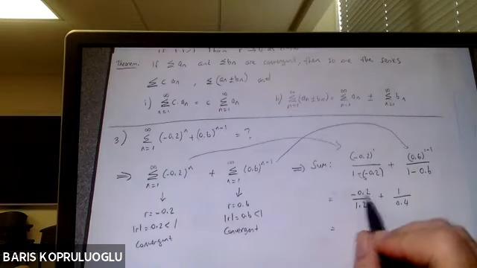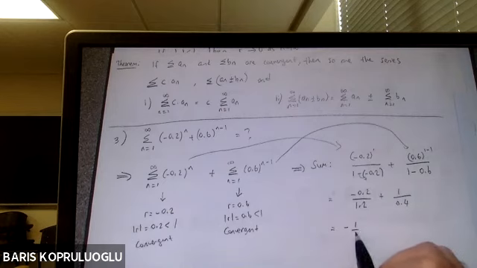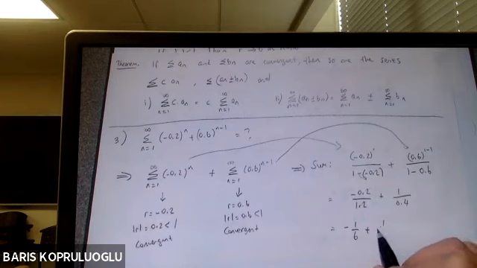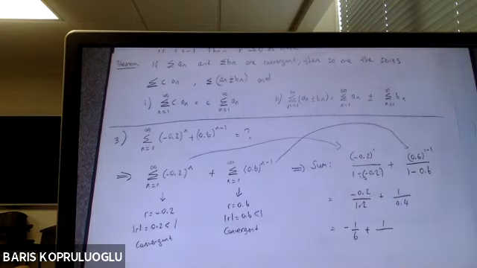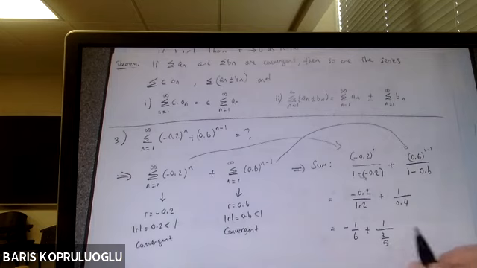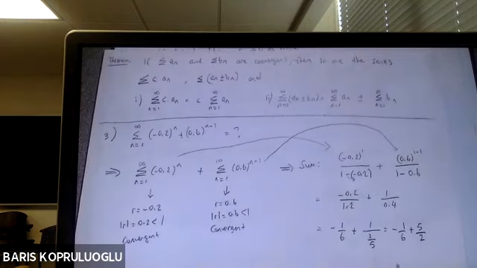So 0.2 and 1.2 is going to give you 1 over 6, and 0.4 is, you know, 2/5. So you would have negative 1 over 6 plus 5 over 2, which is going to be 7 over 3. So that will be this sum. And obviously it's convergent.